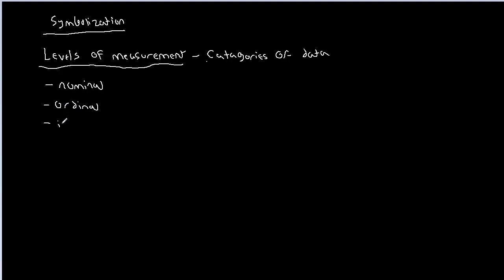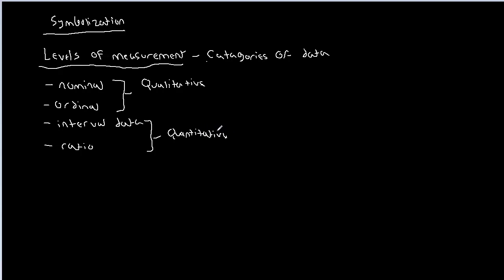We're going to talk about interval data. And then we'll talk about ratio data. And in specific, breaking down the difference between qualitative and quantitative. Because these four levels and these two broad categories are going to form the backbone of making decisions for the second thing that we're going to talk about, which are the visual variables.